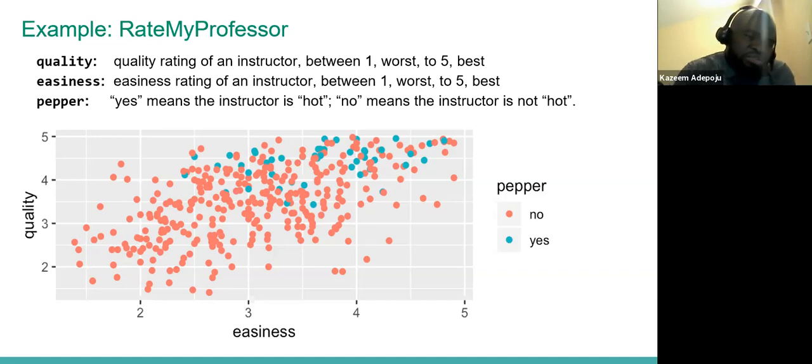We're still going to use the same response variable, quality, but we're going to have new predictors, easiness and pepper. The pepper is categorical.